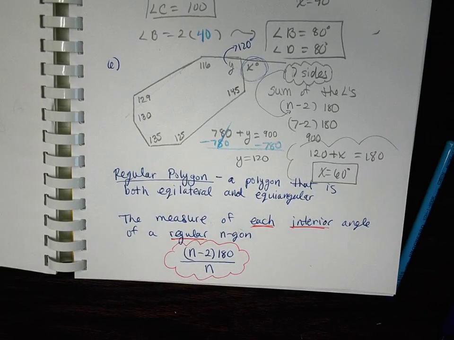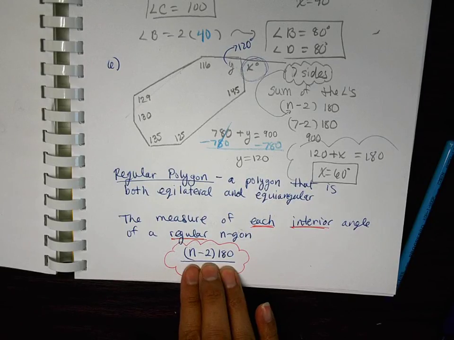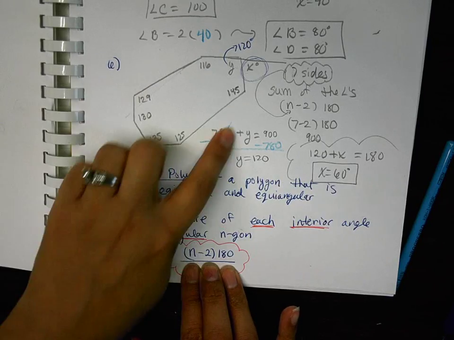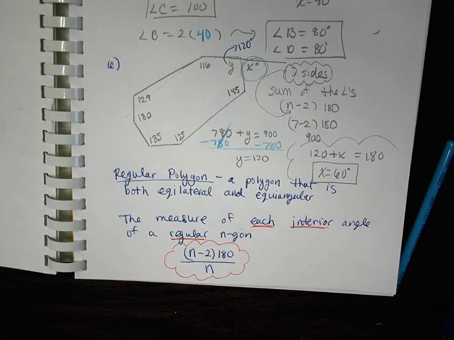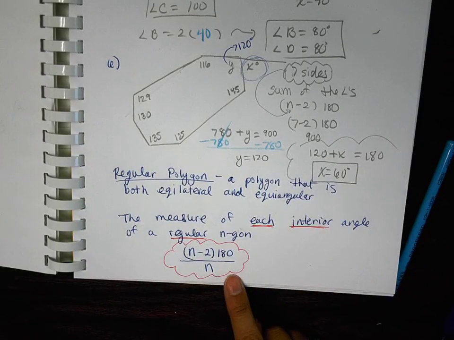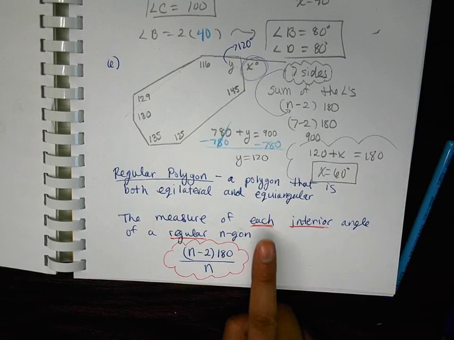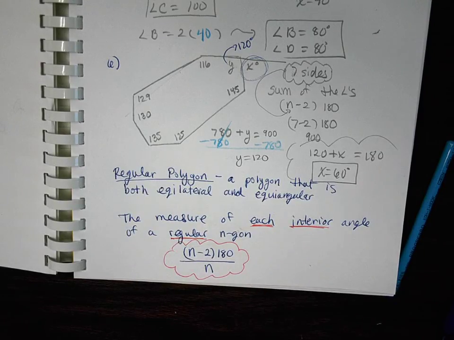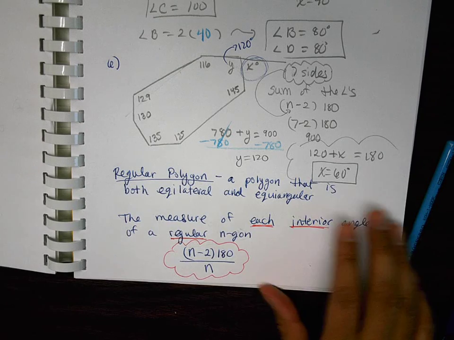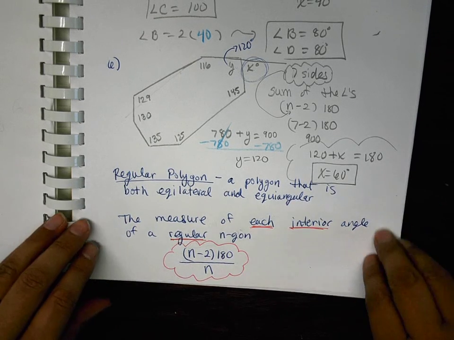Did we already know the n minus 2 times 180 formula? Yeah, that's for all of the angles put together, regular or not regular. If it's regular, you divide it by the number of sides, and it'll give you the measure of each angle, the measure of one angle. Does that make sense? Yes? Okay. I'm going to move on.